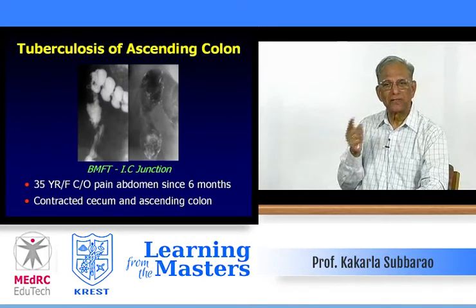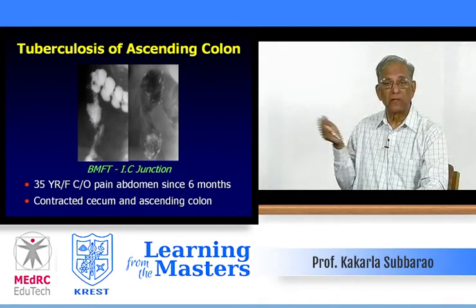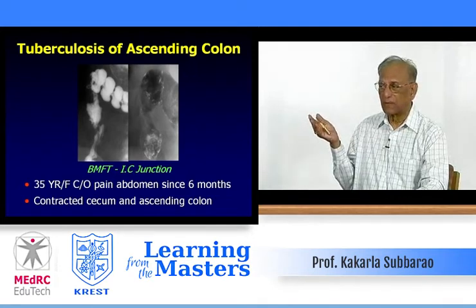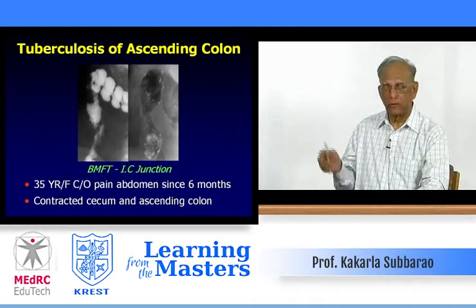This annular constriction often simulates the apple core deformity of carcinoma. So you have to be careful. This proved to be contracted cecum and ascending colon due to tuberculosis.